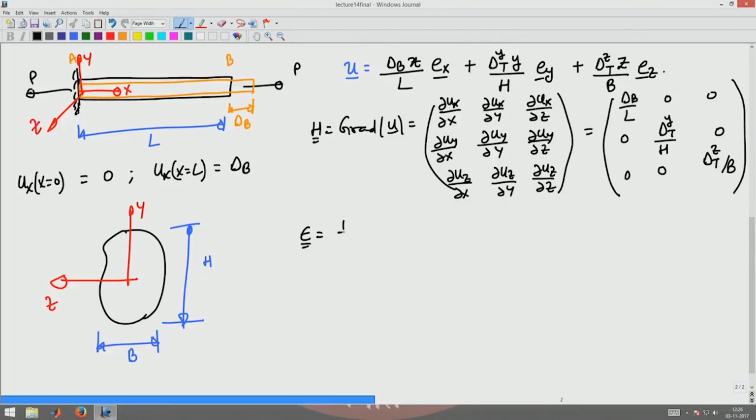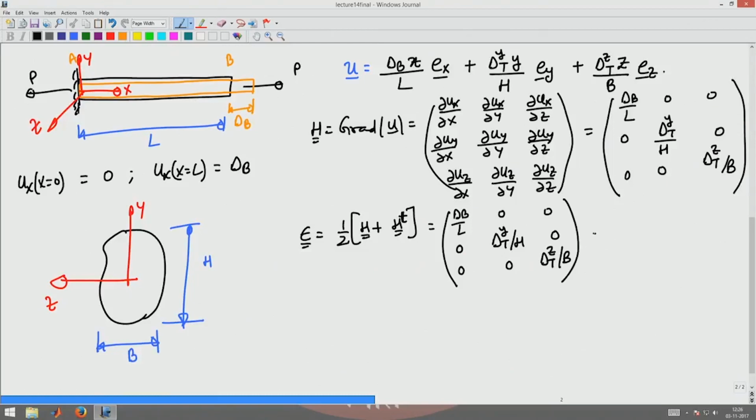The linearized strain is defined as one half of H plus H transpose. So, I will get essentially only a diagonal matrix, the same diagonal matrix again: delta B by L 0 0, 0 delta transverse y by h 0, 0 0 delta transverse z by b.